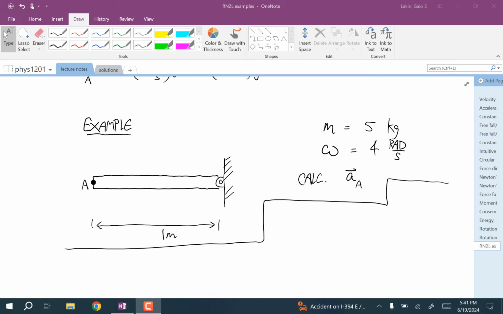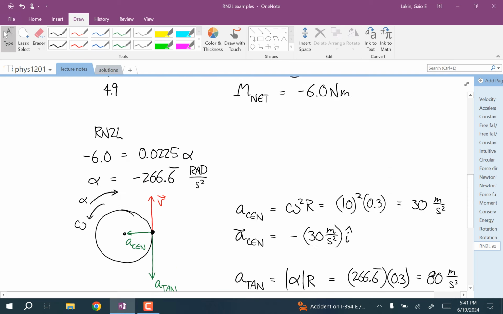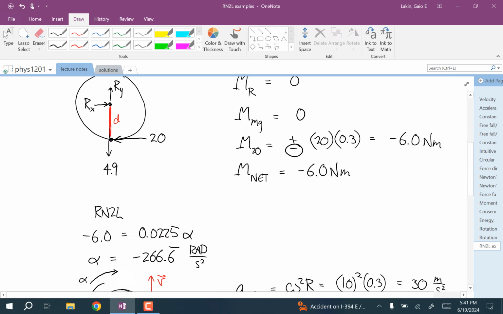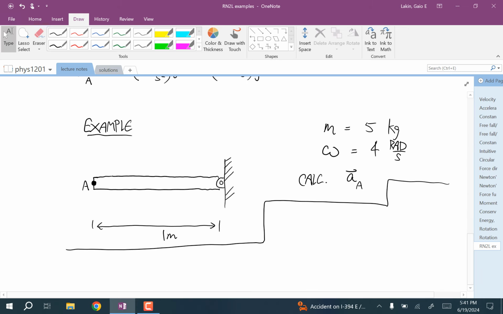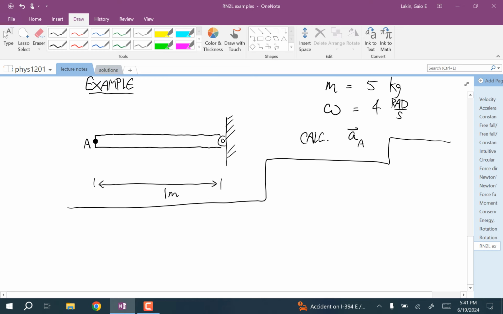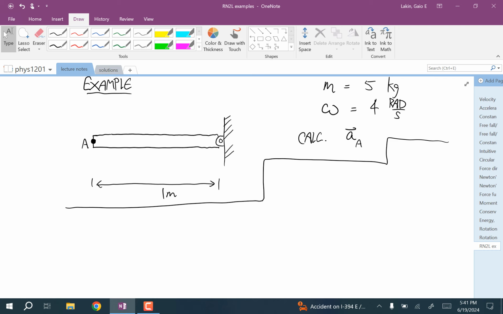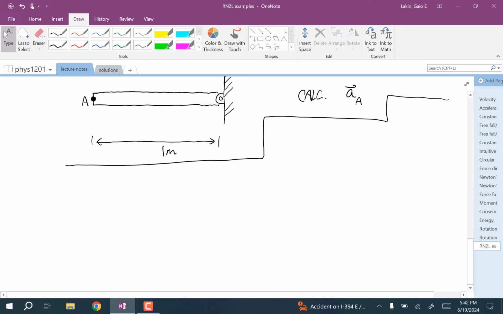And we're going to assume, well, I guess we did in this one too, that the downward direction is toward the bottom of the page, so we're going to have to put gravity in this problem. Okay, so the first thing we're going to do, again, is use rotational Newton's second law to calculate the angular acceleration. And so I'll start with a free body diagram.